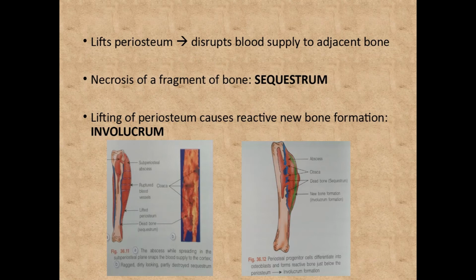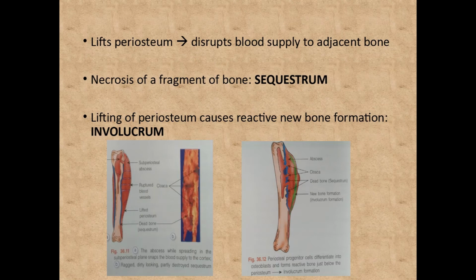So if periosteum is lifted, it will disrupt the blood supply of that particular part of the bone, wherever that subperiosteal abscess is there. So if a particular segment of bone is void of its blood supply, naturally it will undergo death.